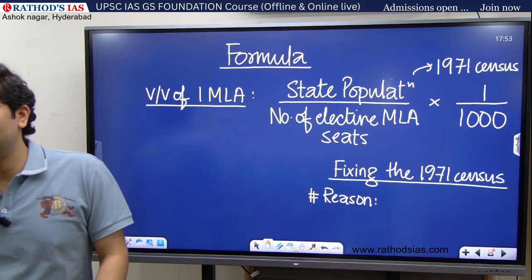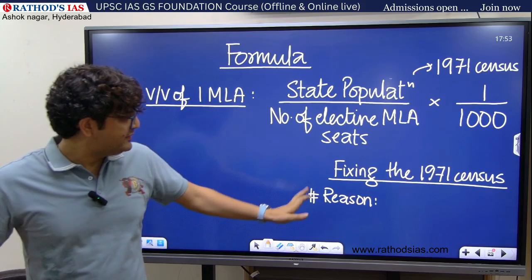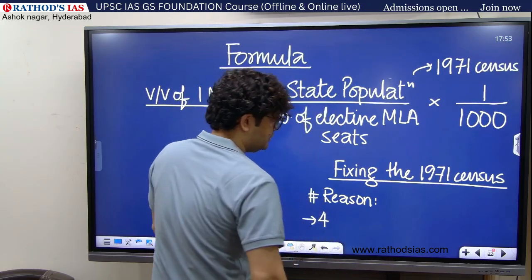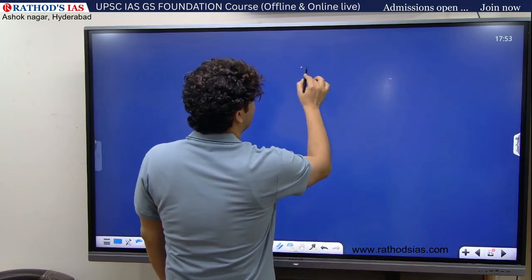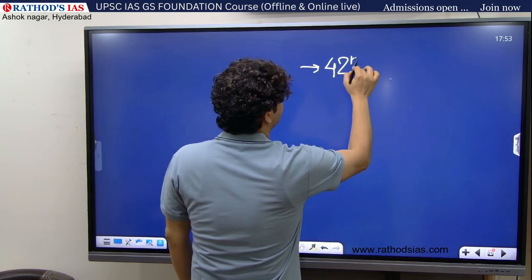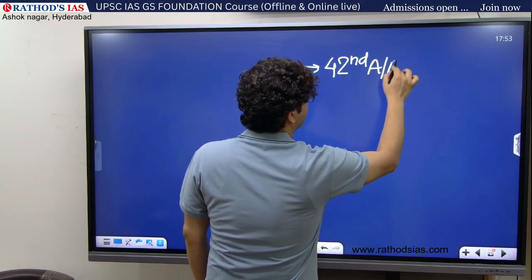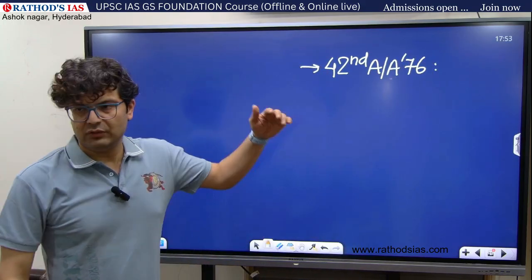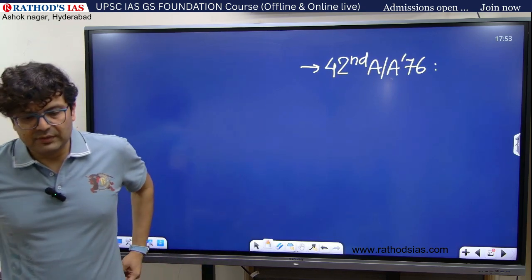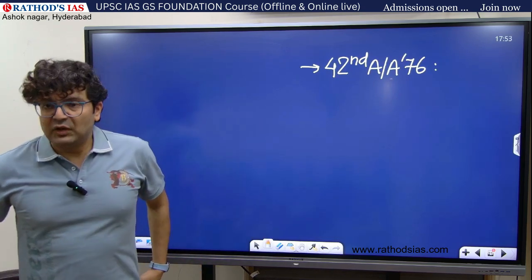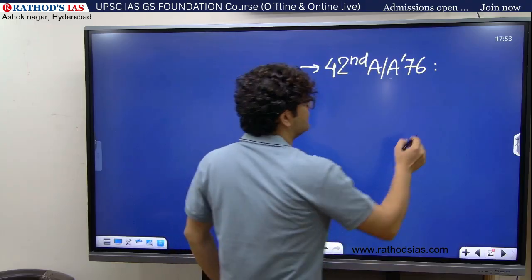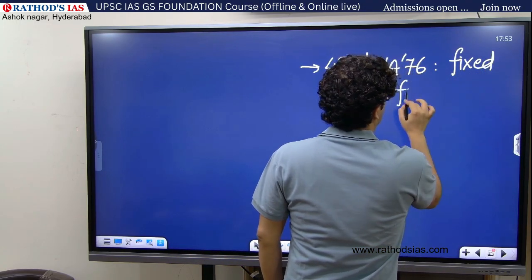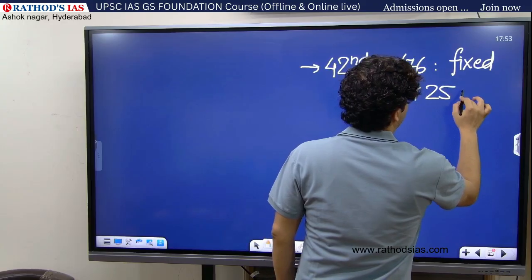Okay, so now please write below this, 42nd Amendment Act 1976. Below that only. Reason, below reason this. So see, with this modification, it was fixed for 25 years.